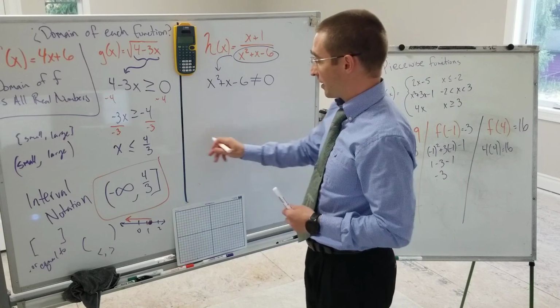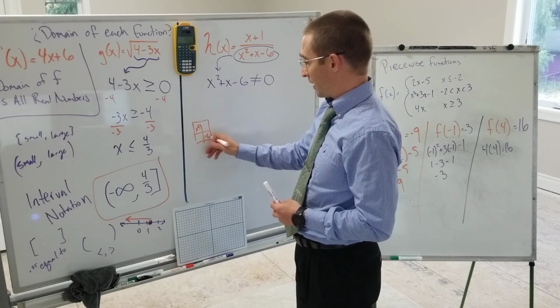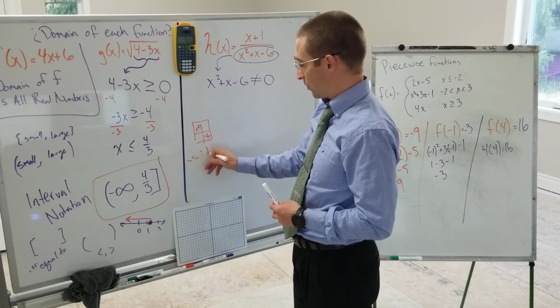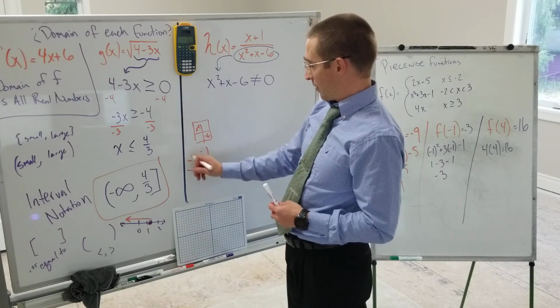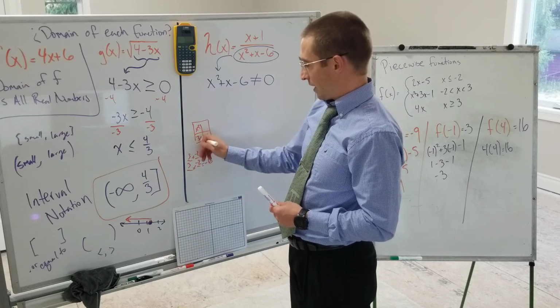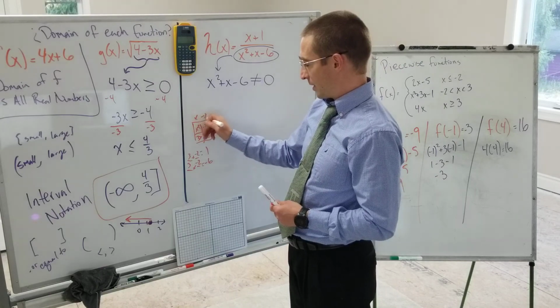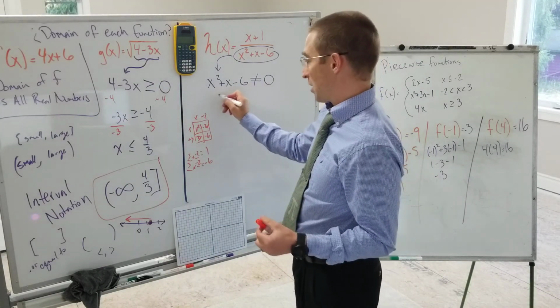Right, we're going to factor this. If you want to use the rectangle, the box diagram, you can. X squared, negative 6, blank plus blank equals 1, blank times blank equals negative 6. We're going to have a 3 and a negative 2. So 3x, negative 2x, x minus 2, x plus 3. Maybe you could just look at this probably.